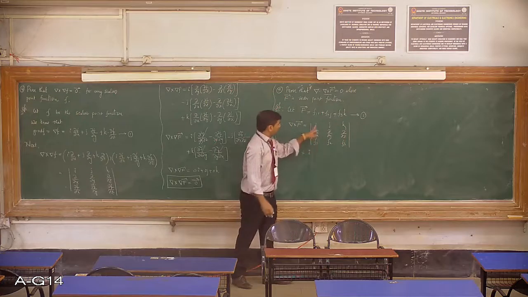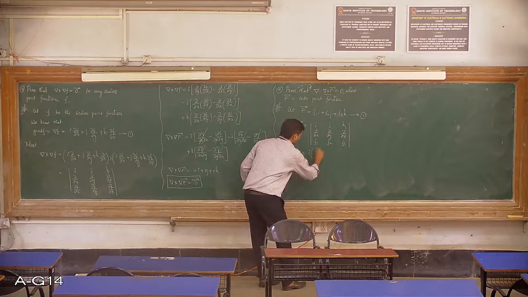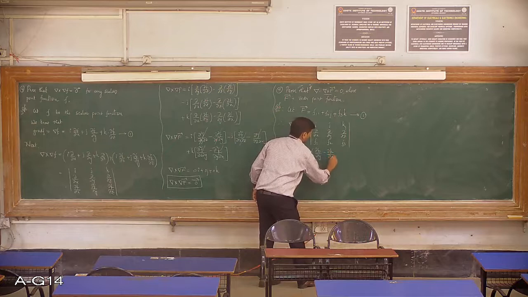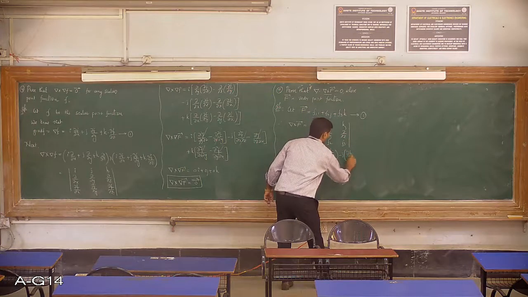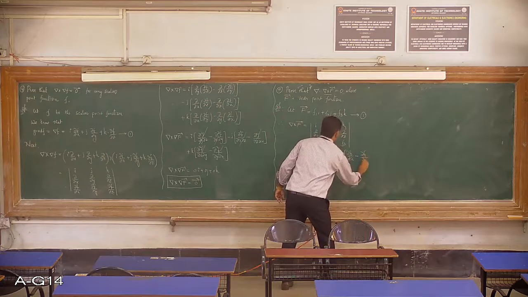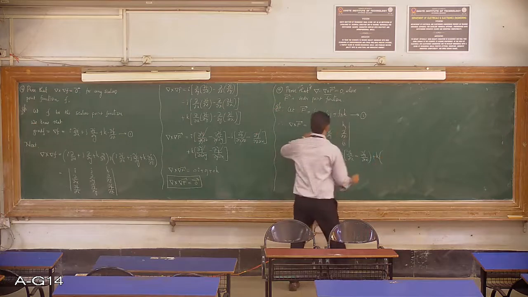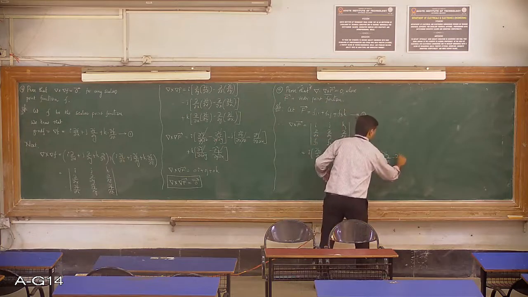Yes, this row, this column, this row I have to leave. dou by dou y of f3, that means dou f3 by dou y minus dou f2 by dou z, minus j in the bracket dou f3 by dou x minus dou f1 by dou z, plus k in the bracket dou f2 by dou x minus dou f1 by dou y.